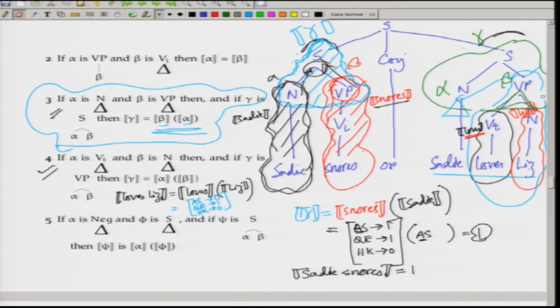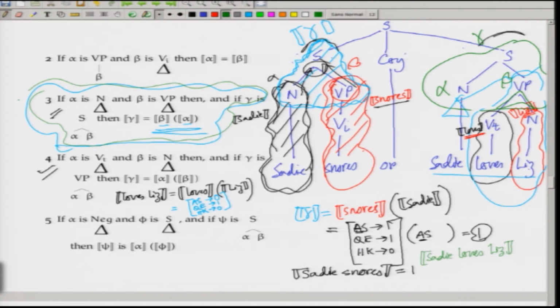This precisely means that this is the entire sentence. So, this actually is Sadie loves Liz, right.